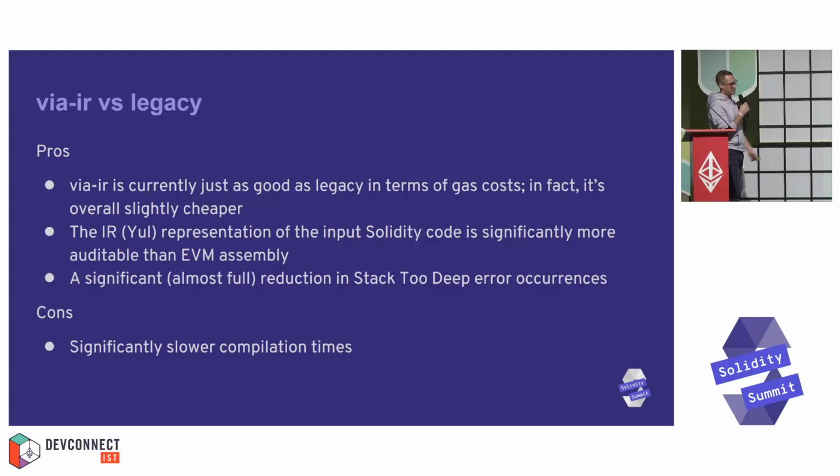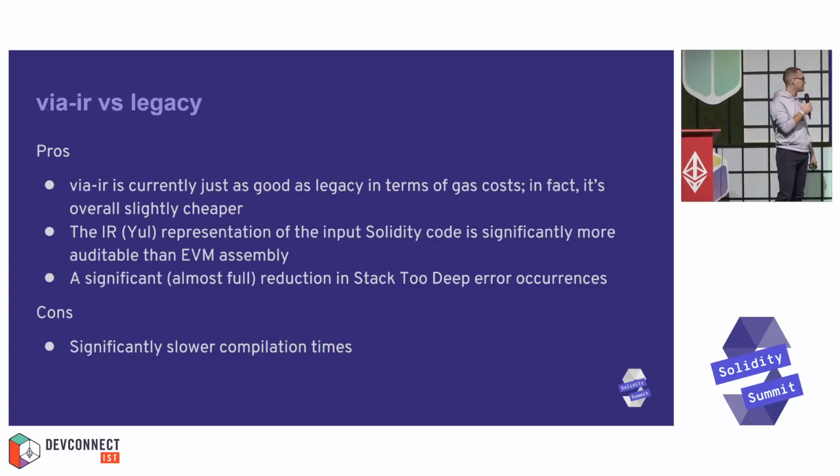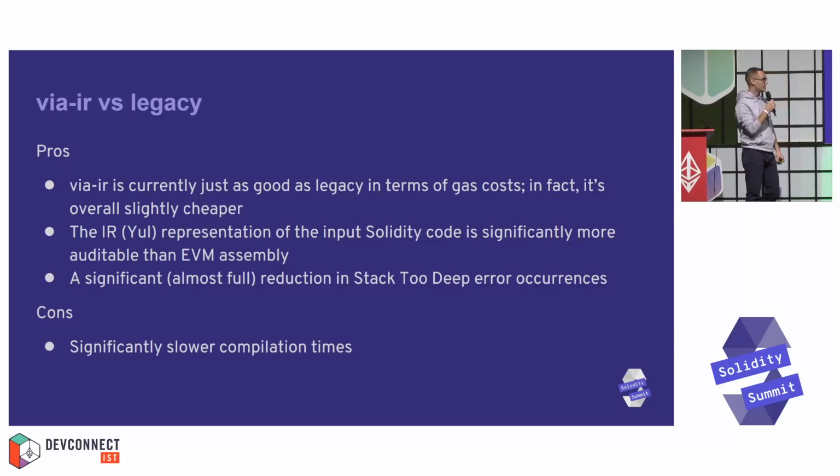And another, probably the biggest and most noticeable one for most people, is going to be the significant reduction in stack too deep errors, because again, using YUL makes stack allocation and stack optimization significantly easier than working with EVM assembly. Of course, it is important to note that it's still not going to fully make these stack too deep errors go away.